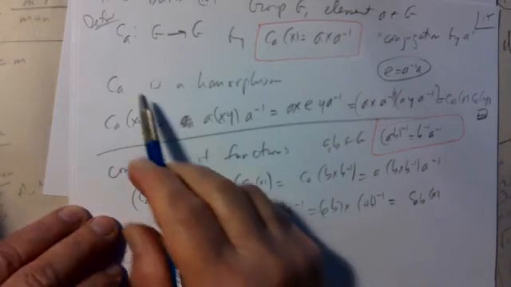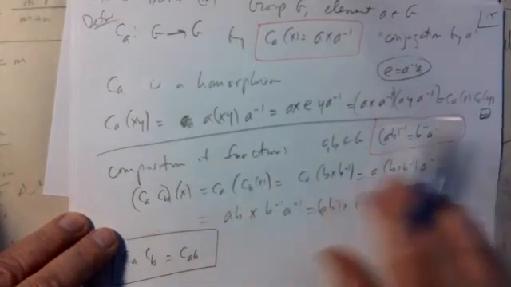And this function C sub A is not only a homomorphism, it's an isomorphism. So let's prove C sub A is an isomorphism. So how do you prove that? We know it's a homomorphism.